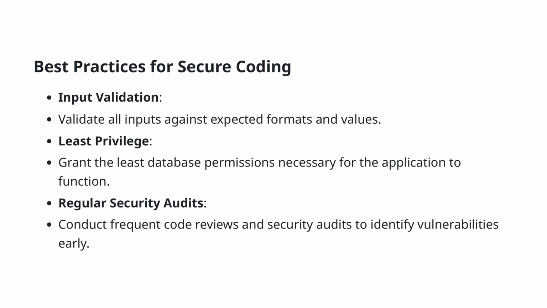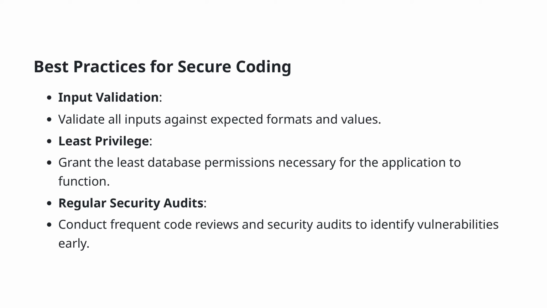In this slide, we're focusing on some best practices for secure coding. First and foremost, input validation is crucial. Always validate all inputs against the expected formats and values to ensure that they are legitimate and safe before processing them further. Next, consider the principle of least privilege.